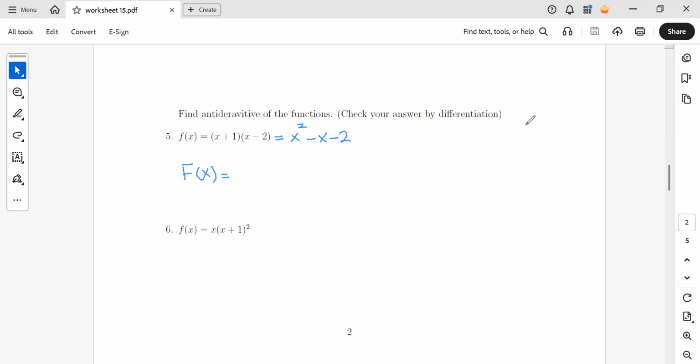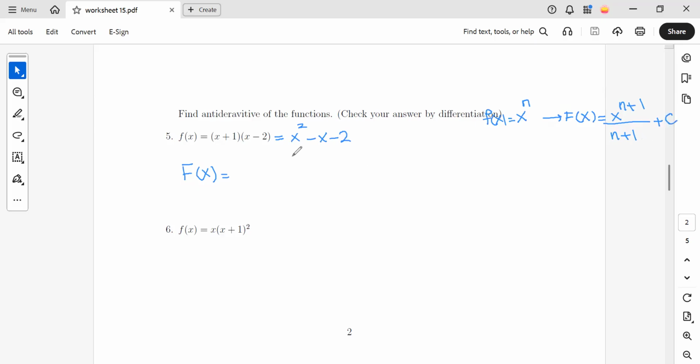Just as a recall, when you have x to the power n as f of x, you would have capital F of x as antiderivative as the power 1 more over the same number, plus a constant like c.